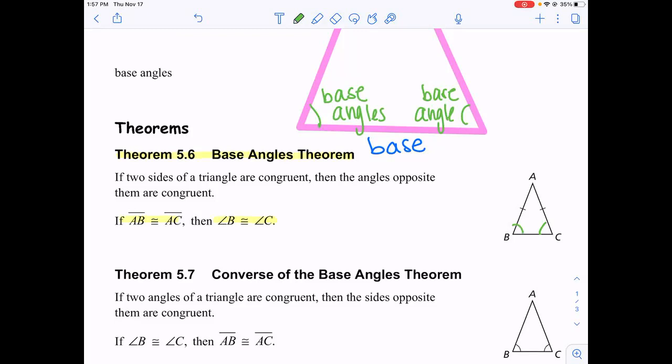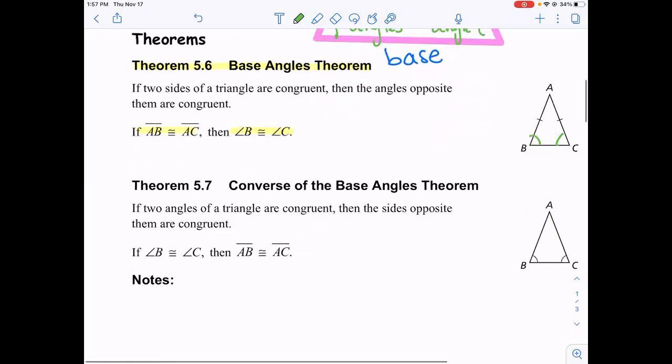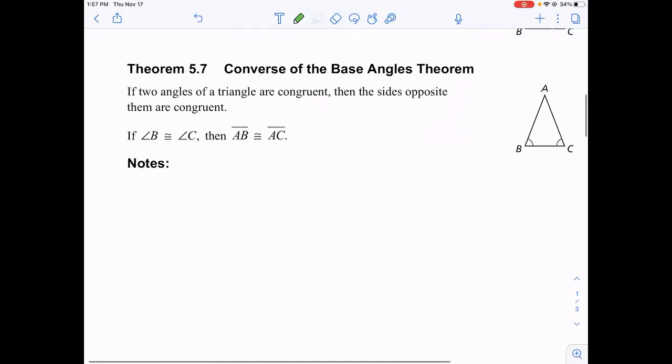We also can go the other way. If our angles are congruent, then we know our sides are going to be congruent. That's the converse.